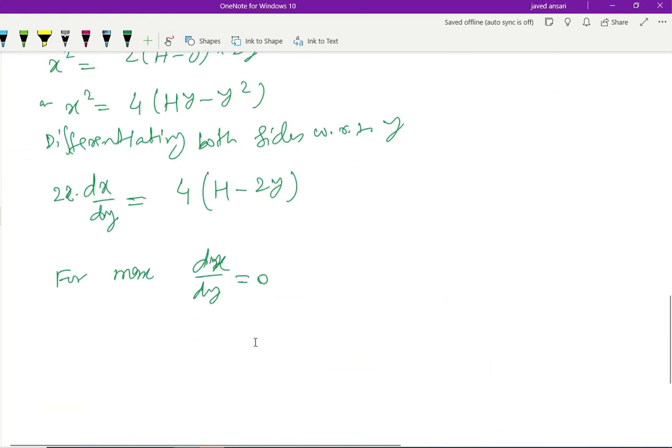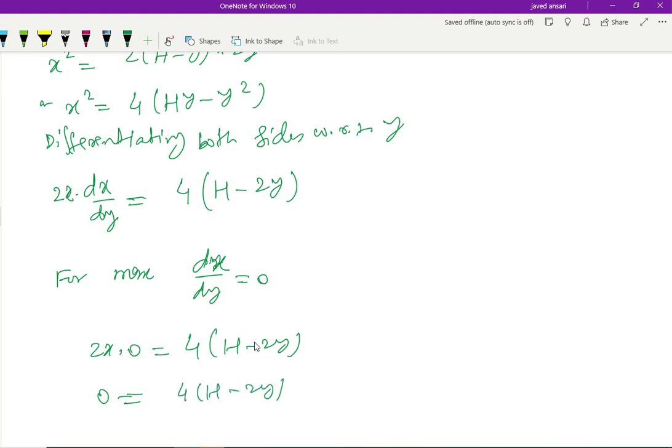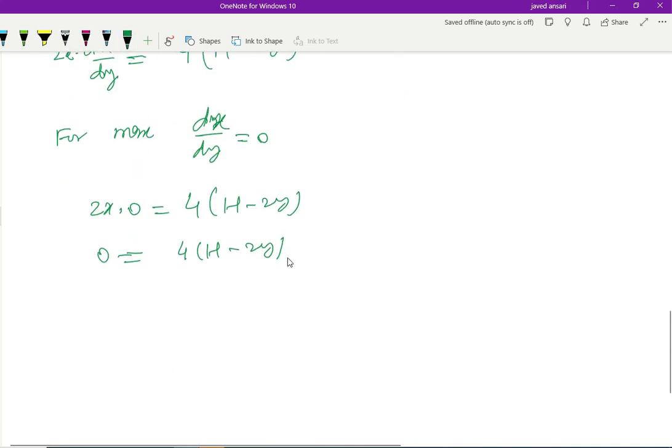So 2x into 0 equal to 4 times (h minus 2y). This term becomes 0 equal to 4 times (h minus 2y), which means 0 equal to h minus 2y. This means y equal to h by 2.